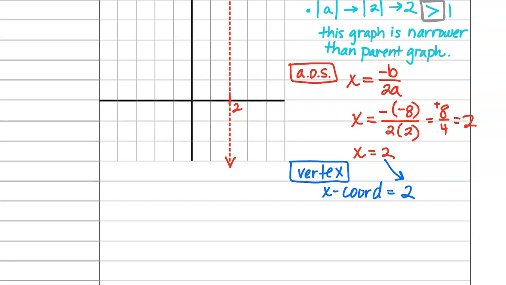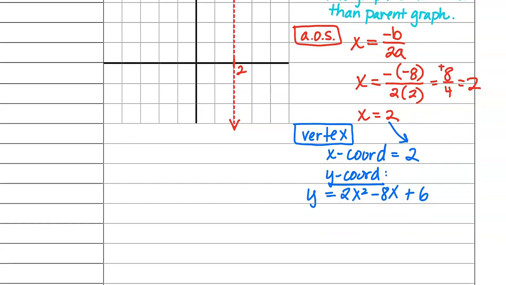To find the y coordinate, you're going to take the equation, which is y equals 2x squared minus 8x plus 6, and we're going to stick the 2 in. So y is equal to 2 times 2 squared minus 8 times 2 plus 6.